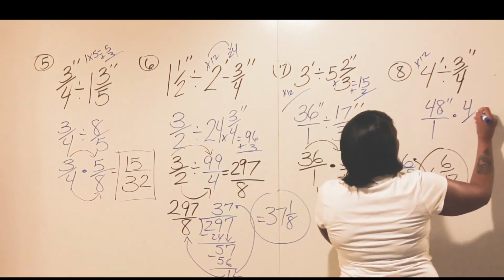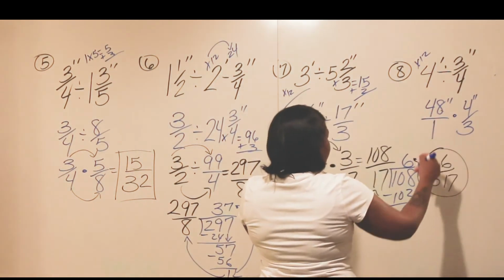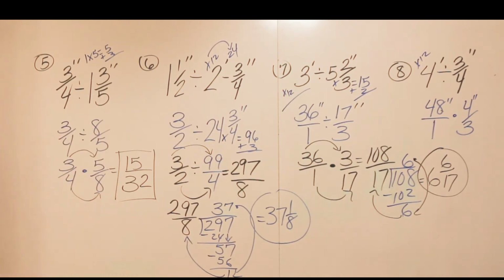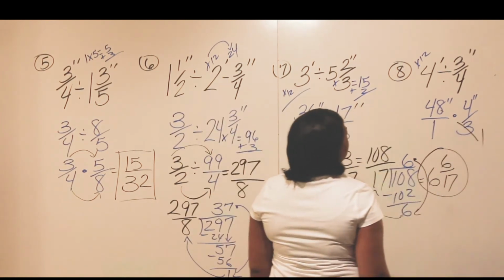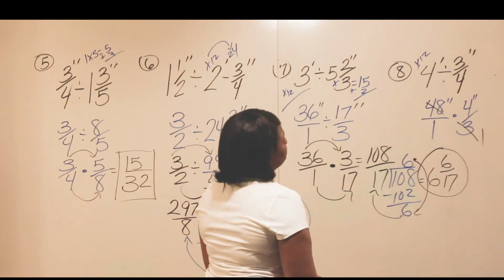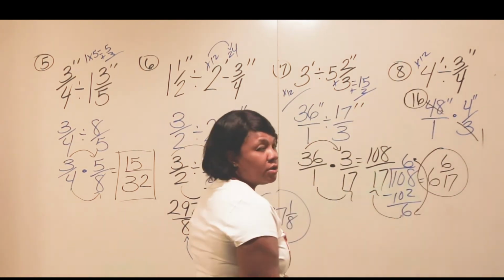So I'm going to put my 4/3 right there. Can we cross reduce? Yes. 3 goes into itself 1 time. 3 goes into 48 16 times. They made the numbers a lot smaller.